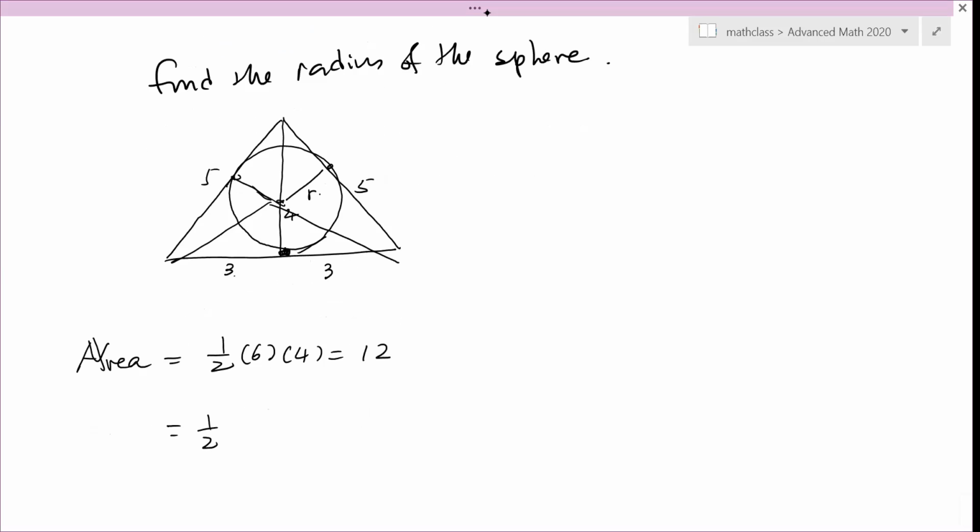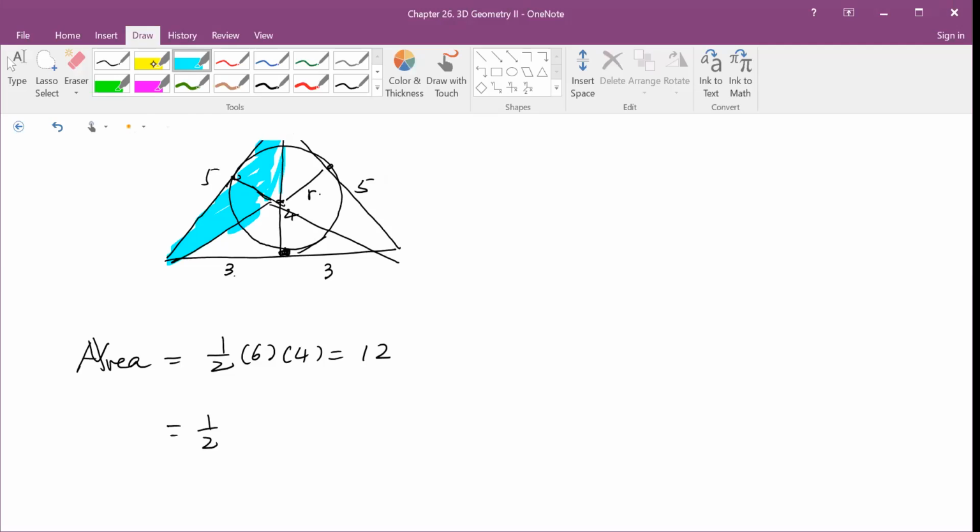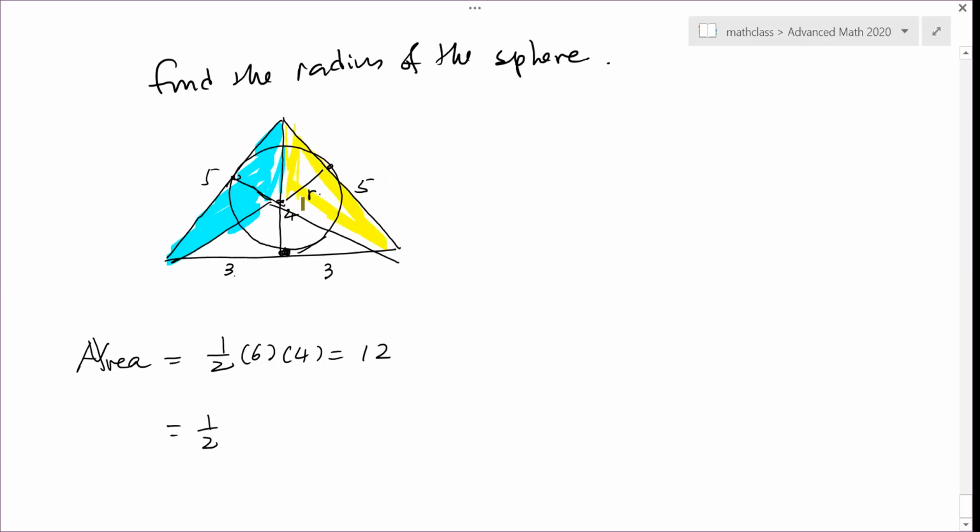So 3 triangles, I can color them. One is this one, the other one is this, and the third one I don't want to color. The base here is going to be 6, and r is the height, so half of 6 times r, half of 5 times r, and half of 5 times r.